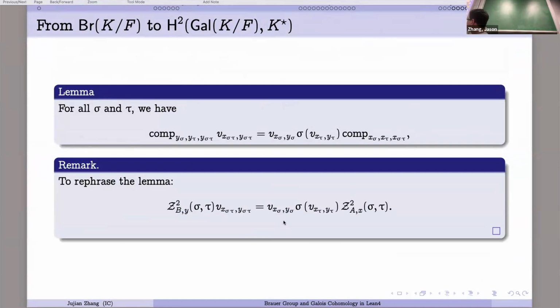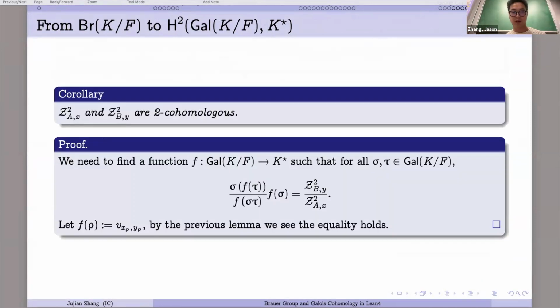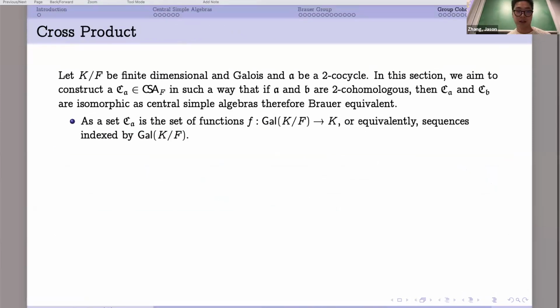So we can rephrase this lemma by saying that the two cocycle associated with Y and the two cocycle associated with X only differ by this V. That means they are cohomologous. To prove this, we need to prove that their division differs by one coboundary, and that coboundary literally sends rho to the coefficient of X rho and Y rho.